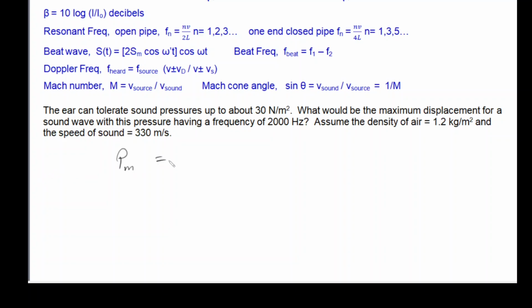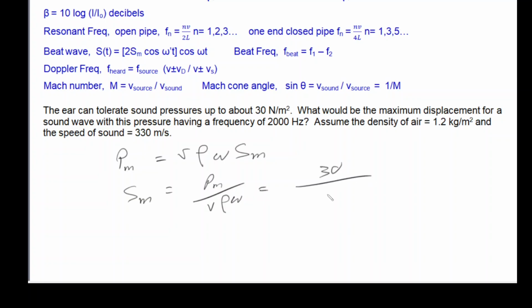Well, one of our equations gives the pressure amplitude equal to velocity times density times omega times the displacement amplitude. So if we solve for the displacement amplitude, which is the maximum displacement, x is equal to Pm over V rho omega, and we can plug these in.